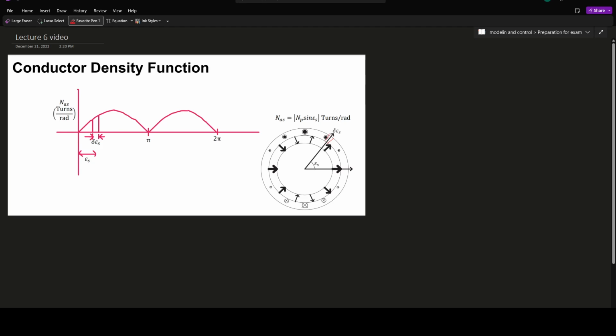We have the peak N_P times the sine of the angle. So if we want the number of coils in this angle epsilon x, we just need to apply this formula.